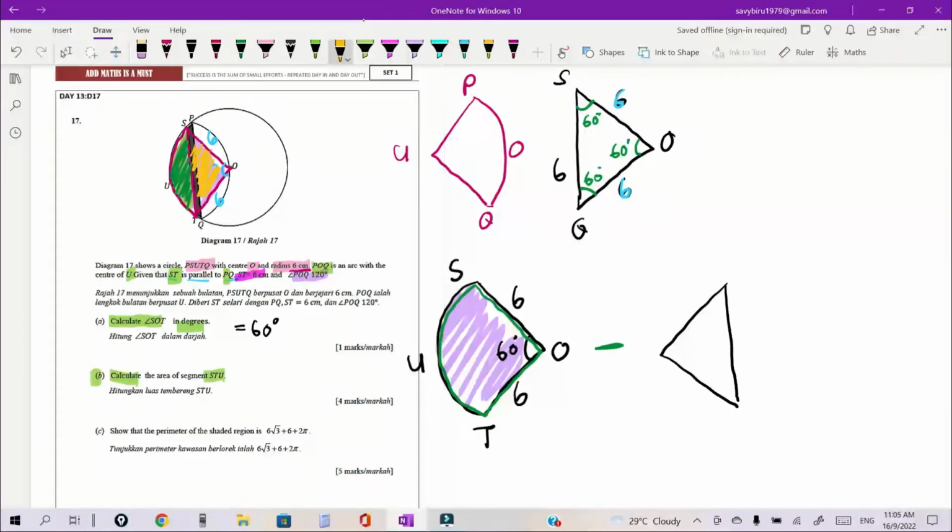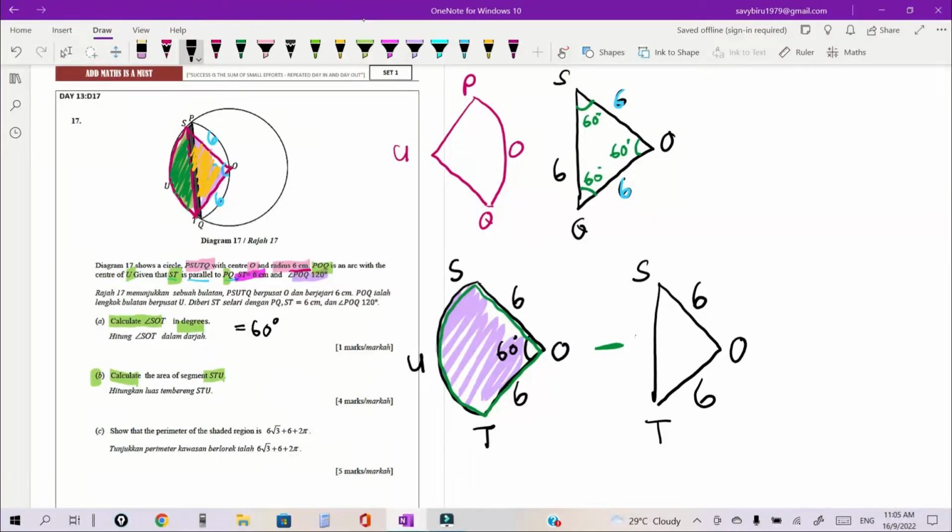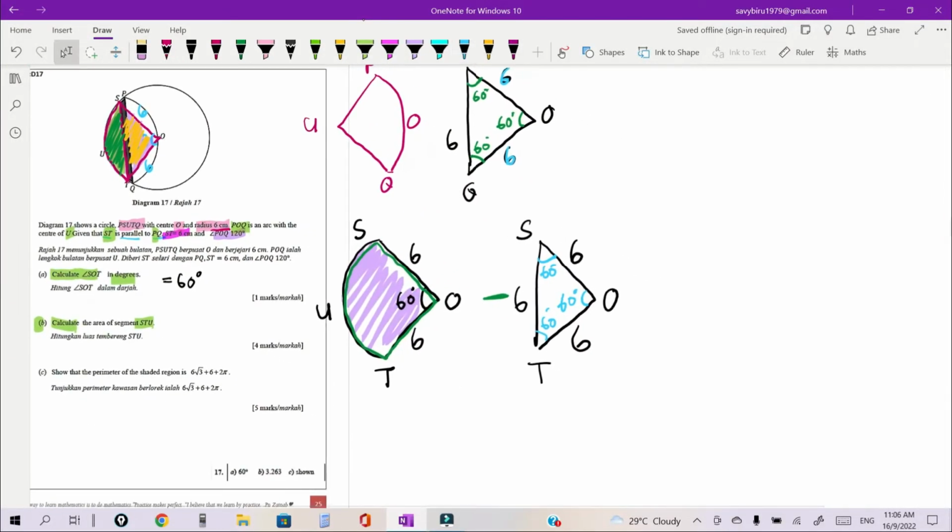That triangle is triangle SOT, where this one is 6 cm, this one 6 cm, this one 6 cm, and the angles here are 60 degrees, 60 degrees, 60 degrees. To find the area of the segment, we can use the formula half r squared theta, the area of sector formula, minus the area of triangle, half ab sine theta.